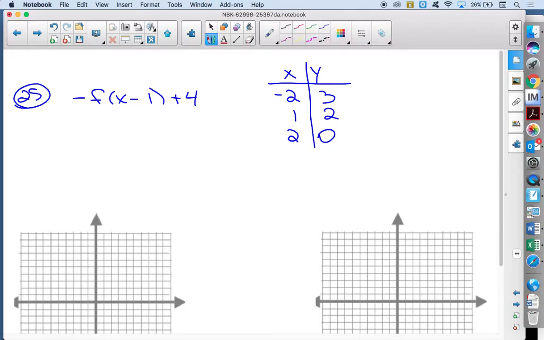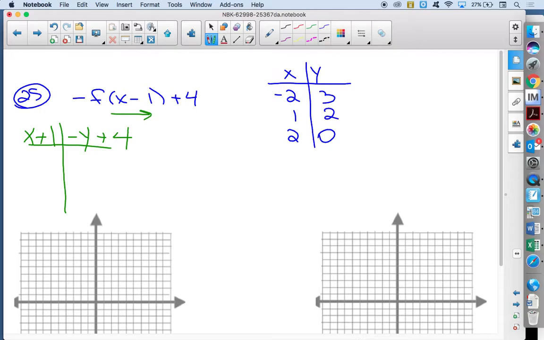So, David, what's going on with this graph for number 25? How is it going to shift? So he said x plus 1. That means it's going to move to the right 1. It's going up 4, and the y is negative. So instead of negative f of x, that changes to negative y, and the plus 4 gets tacked on also with the y. Whatever's inside is changing the x.